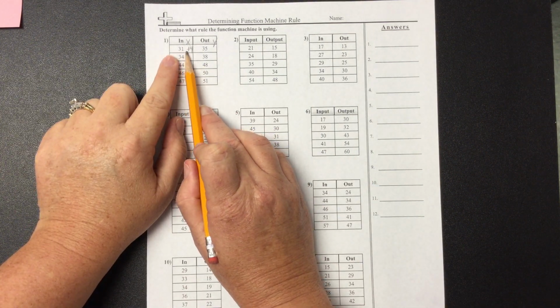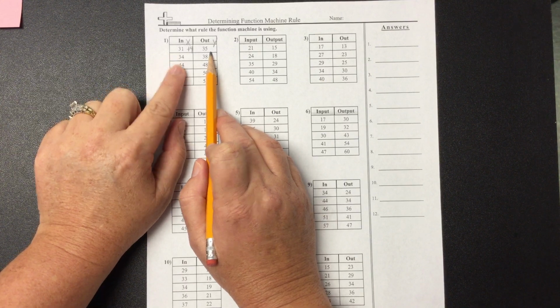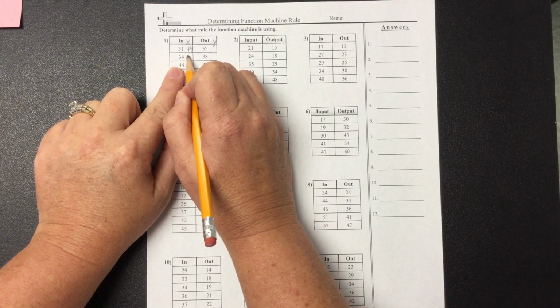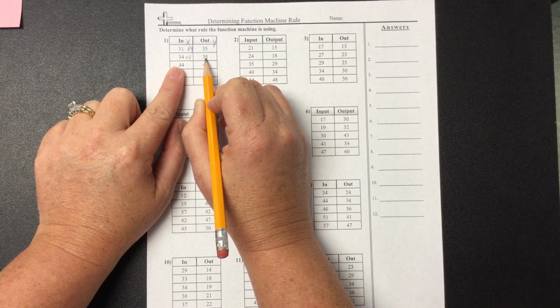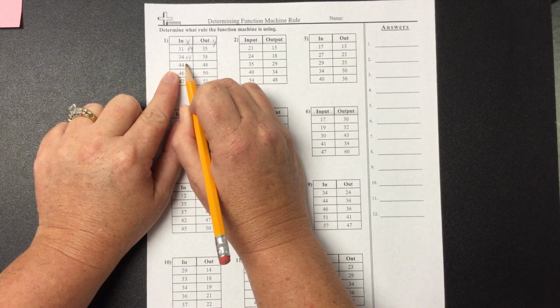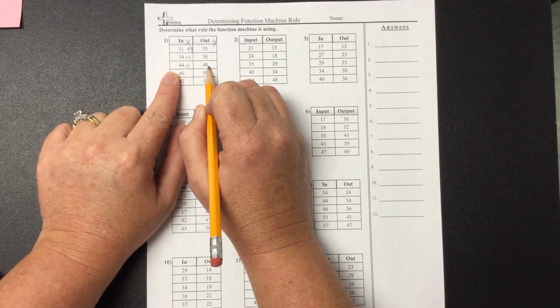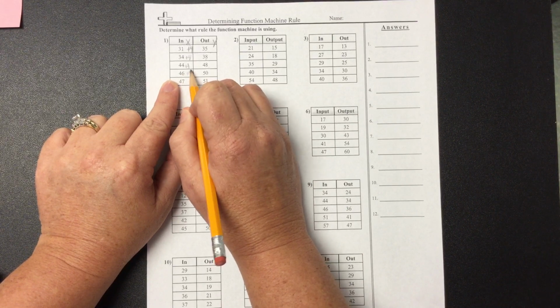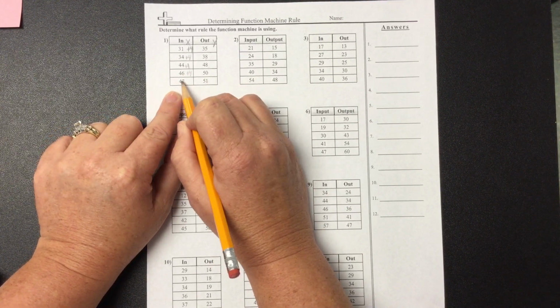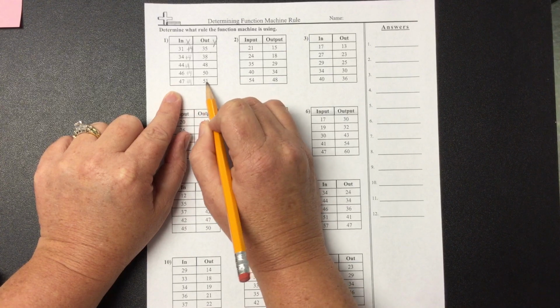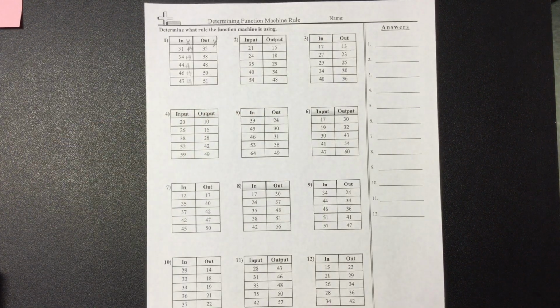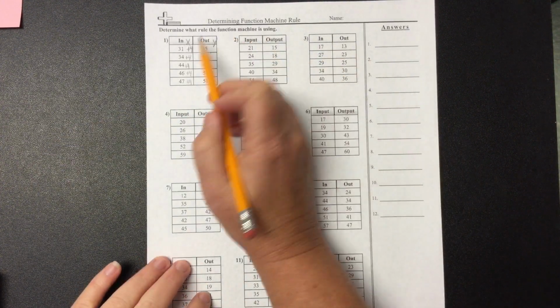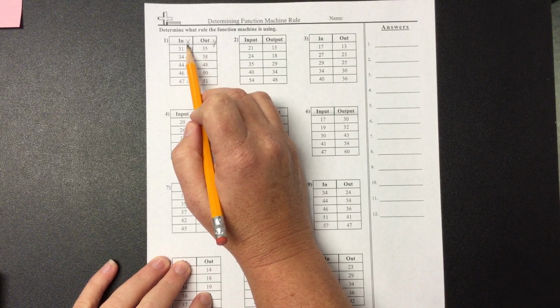Is 31 plus 4 35? Yes. Is 34 plus 4 38? Yes. Is 44 plus 4 48? Yes. 46 plus 4, is it 50? Yes. 47 plus 4, what is it? 51. So every single time, what am I doing to my X value? Adding 4.